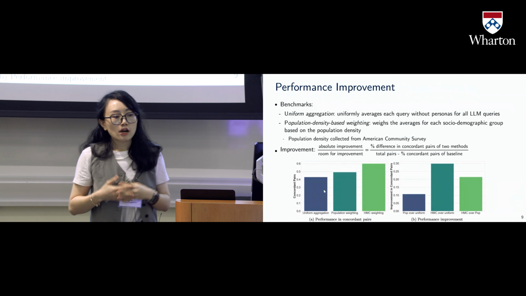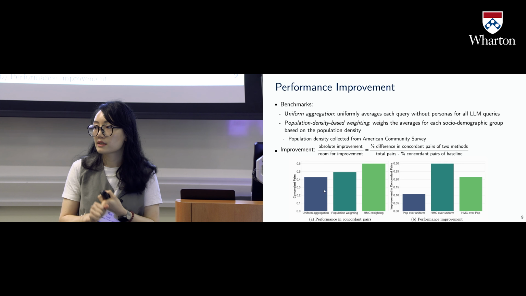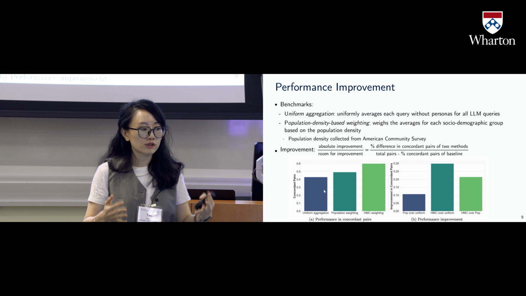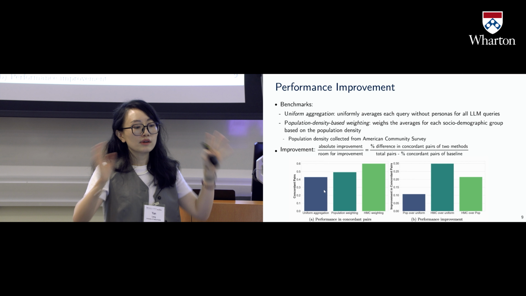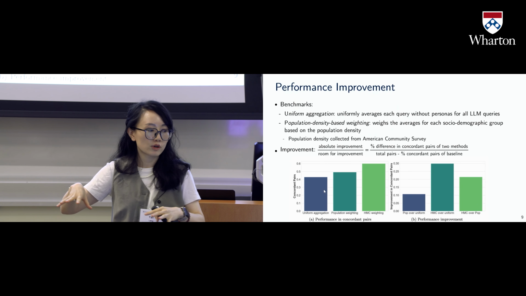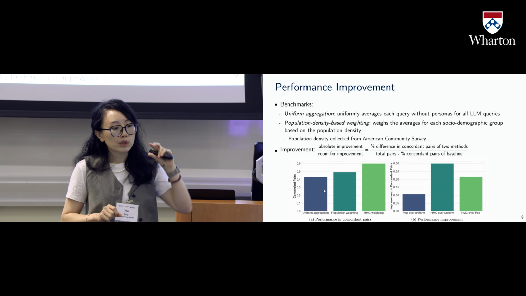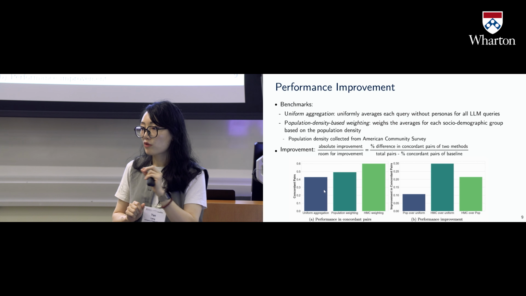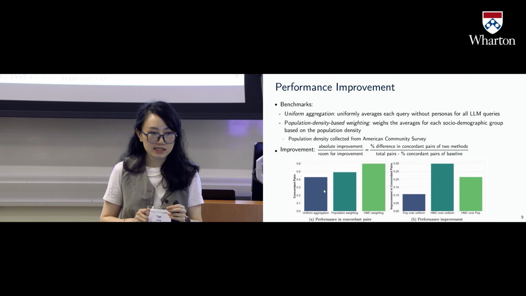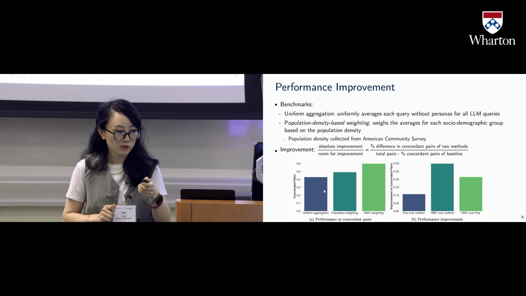We first look at our performance improvement compared with two benchmarks. The first one, which is used in the literature, is uniform aggregation, basically without any persona, where we uniformly aggregate across all of the LLM queries. The second one is population density-based weighting, where we weight the averages of each demographic group according to the population density, and the density data is collected from the American Community Survey.